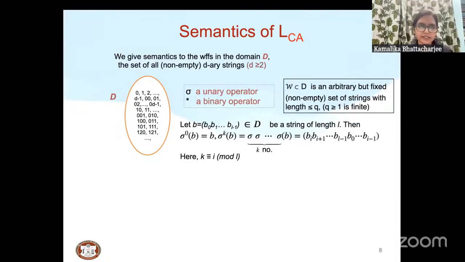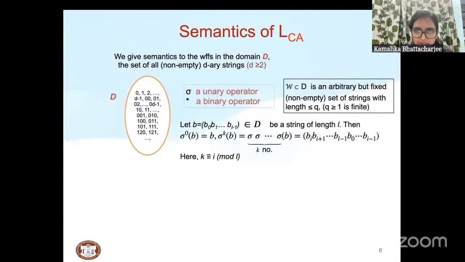We define this sigma like this. Sigma is a shift operator. Suppose we take a string that is a well-formed formula. Now, if we apply sigma to the power k over b, where b is the string b0 to b(l minus 1), this is nothing but k times left shift of the string values, and we start with bi in that case.